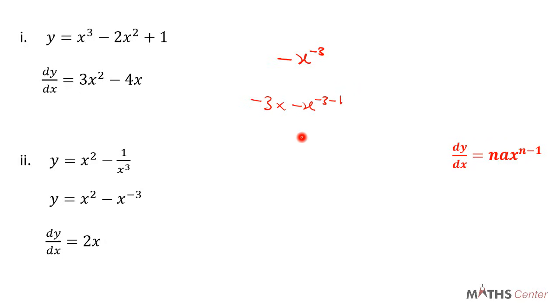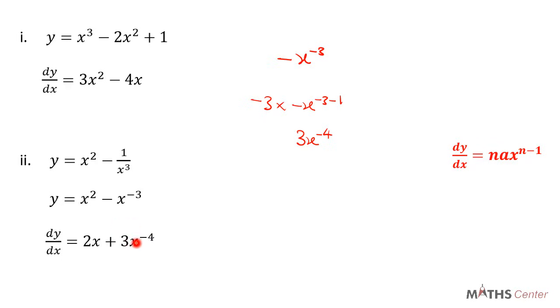And when you multiply this, you have 3x exponent negative 4. Remember, negative 3 times negative x will give us positive 3x. So when you differentiate this, you have 3x exponent negative 4.